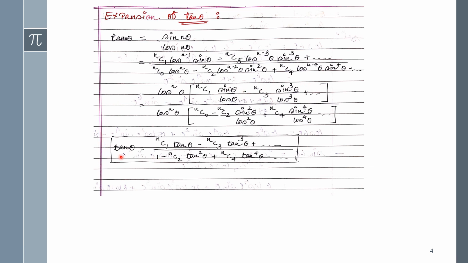So at the last you can get the formula for tan n theta: nC1 tan theta minus nC3 tan cube theta, and so on, and the next term will be nC5 tan raised to 5 theta.